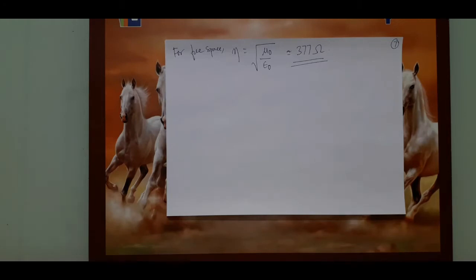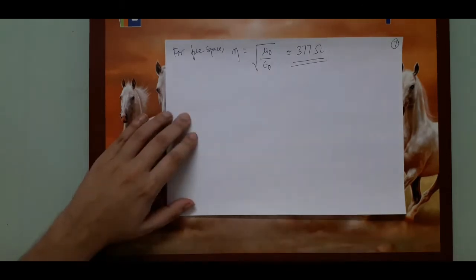The fields may exist wherever possible, but in case of the solution for the fields, they are behaving in pretty much the same way in which voltage and current on the transmission line behave. So we derived what is the velocity of the wave in a medium, we derived what is the intrinsic impedance of a medium.